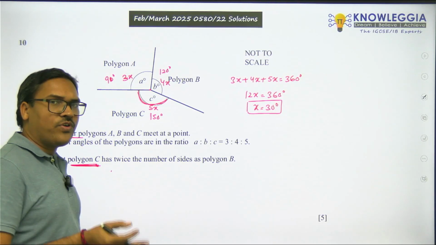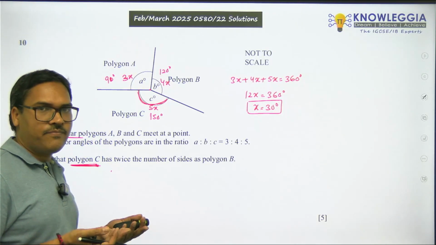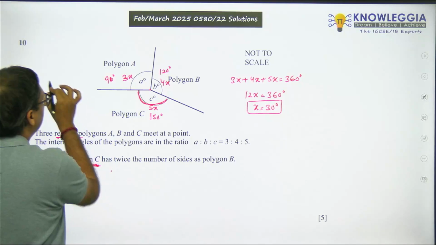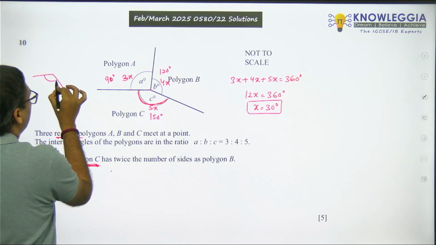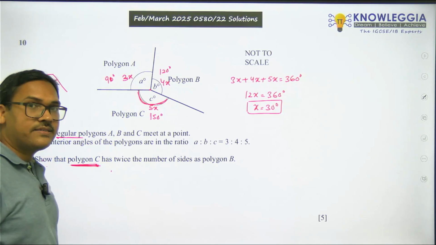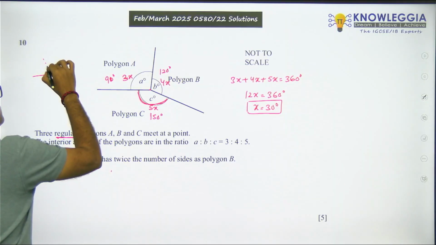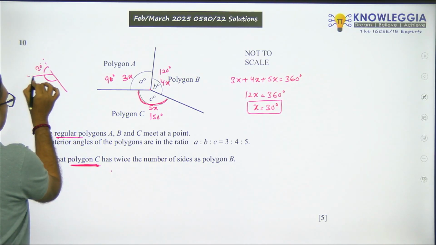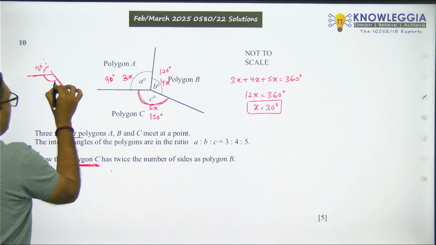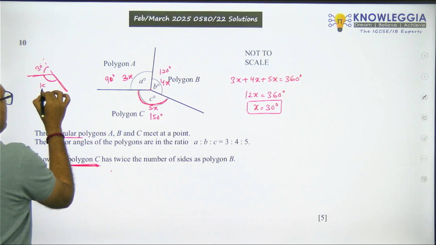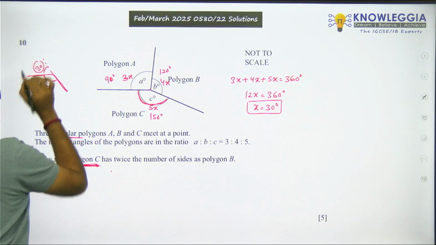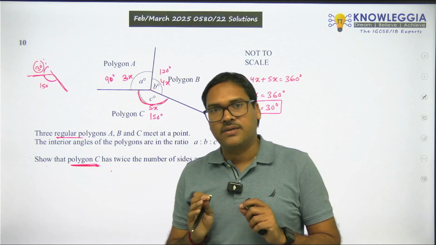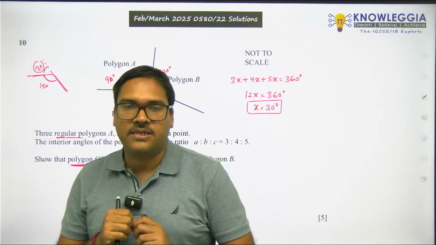So all these polygons are regular polygons. One way is you use interior angles to get the sides, or otherwise, if this is the interior angle of the polygon C, what is the exterior angle of polygon C? You see this is equal to 30 degrees. Okay, for example, this is polygon C. This angle is 150 degrees. So this is 30 degrees. And we know all the exterior angles of a polygon add up to 360 degrees.